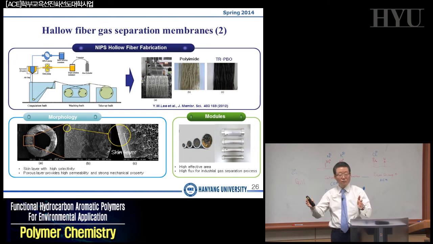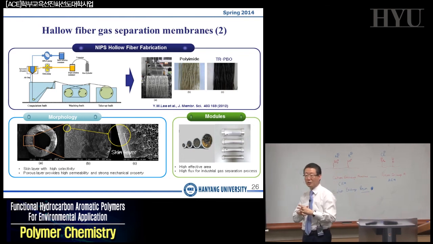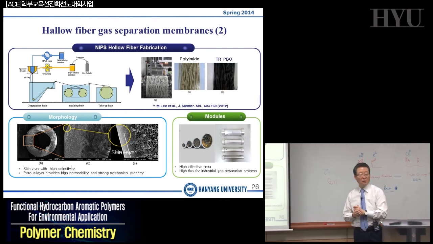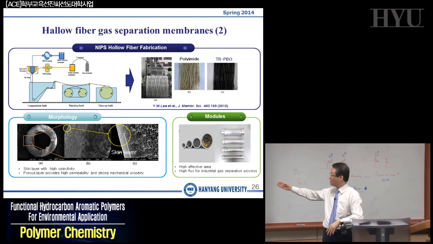If you cut those fibers and put them into the modules, you can use this module for your industrial separation processes to separate the air to get the oxygen, to separate the biogas, or of course to separate air to get the nitrogen, okay? Oxygen or nitrogen. And the company that we are working with is trying to use the module for the airplane, okay, for the airplane.